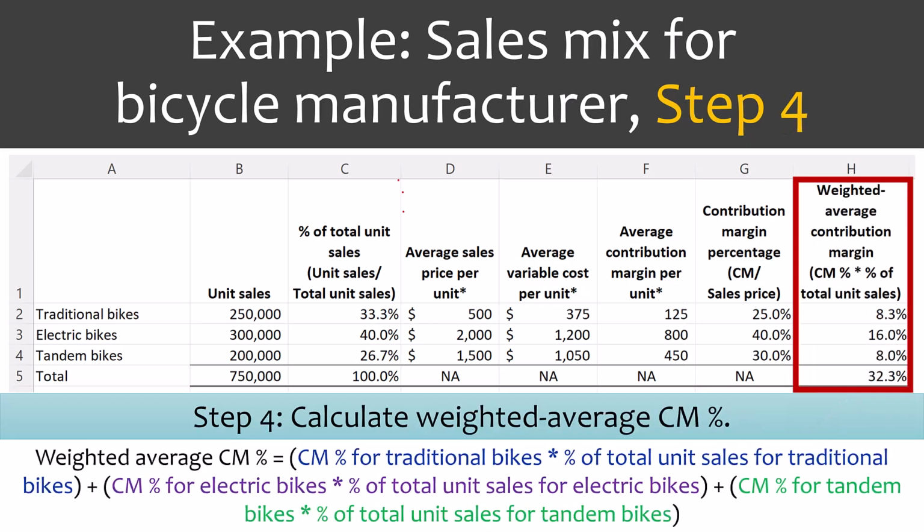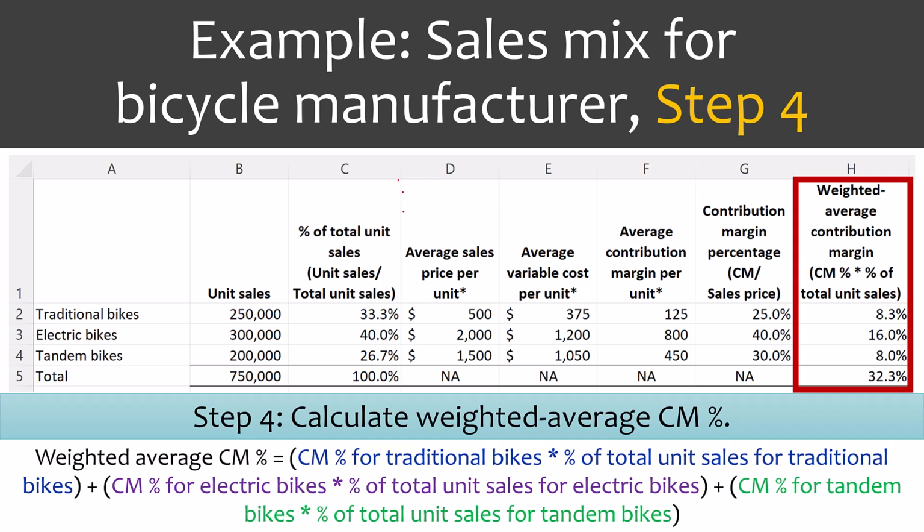So let's keep going. Now we're going to calculate the weighted average contribution margin for the entire company. Let's start by calculating the contribution margin ratio for traditional bikes times the percent of total unit sales for traditional bikes. So we're going to take the contribution margin percentage of 25% times the weight of 33.3%, and we get 8.3%.